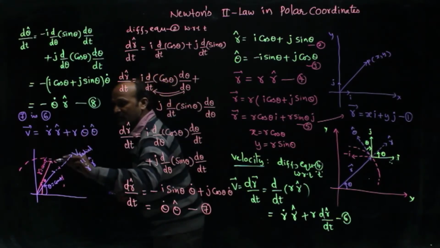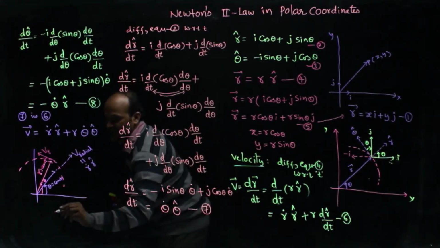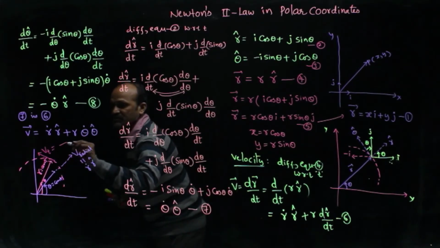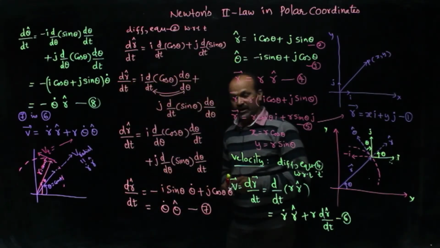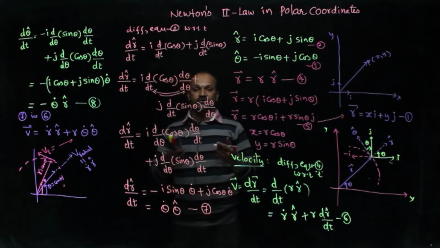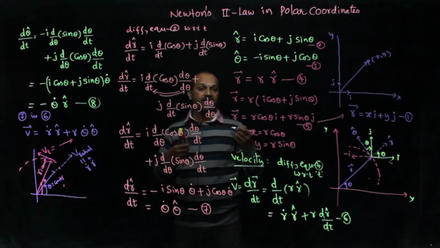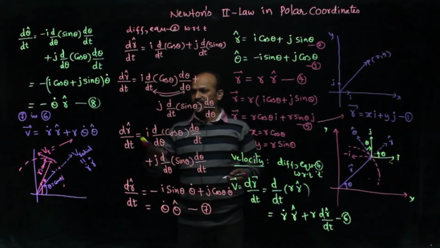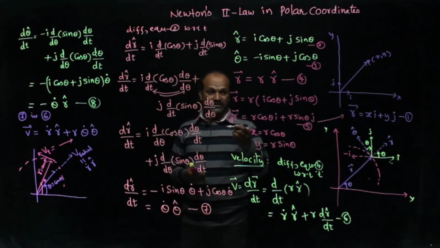That is called tangential velocity, Vt. So Vt is equal to how much? This value is Vt, r into theta dot into theta cap. This is the velocity of the particle in terms of polar coordinates. Okay, and we'll see now what is the acceleration. Acceleration you will get by differentiating this velocity.